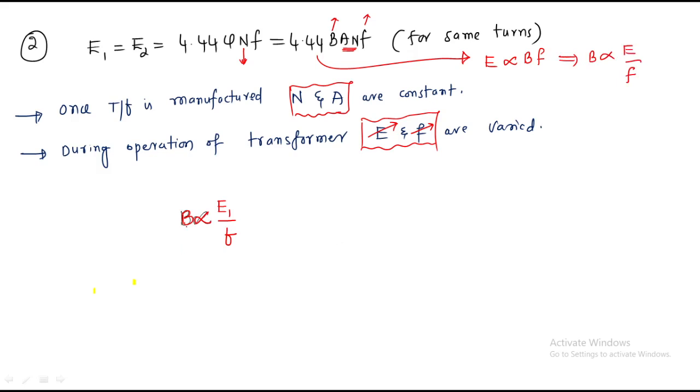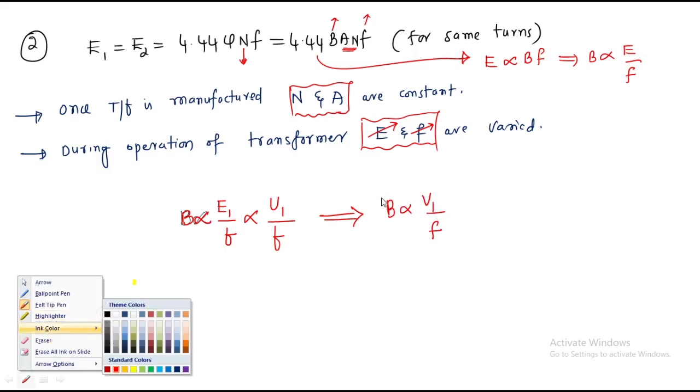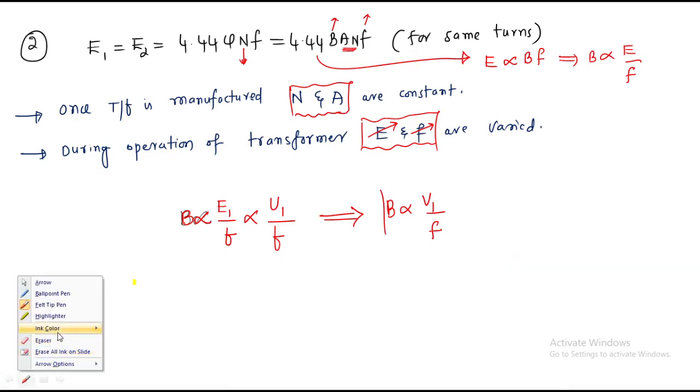So B is proportional to E1 by F, and E1, the induced EMF, is due to the supply voltage, so B is proportional to V1 by F.